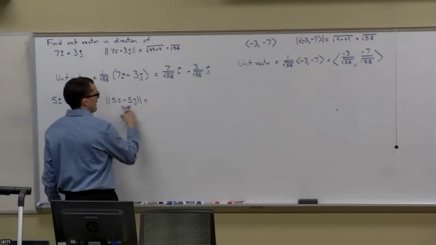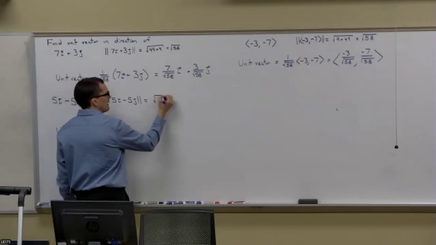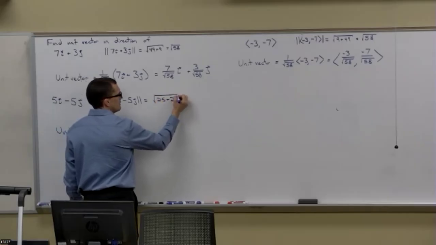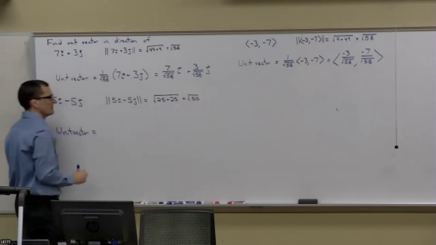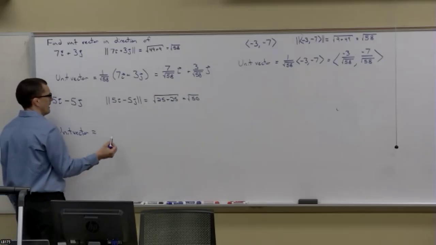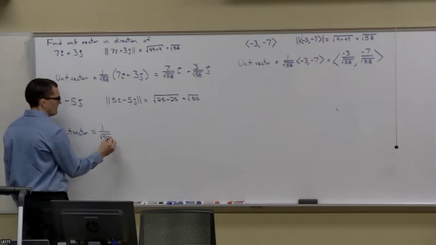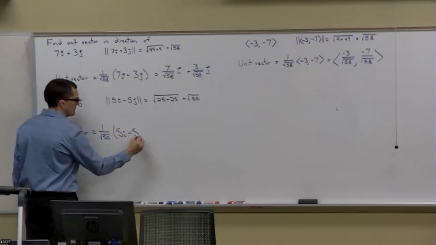Same thing with this one, 5i minus 5j. We're getting the square root of 25 plus 25. So square root of 50 is the magnitude. You can simplify that. That's perfectly fine if you want. But I'm just going to take the unit vector, set it 1 over square root of 50 times 5i minus 5j.